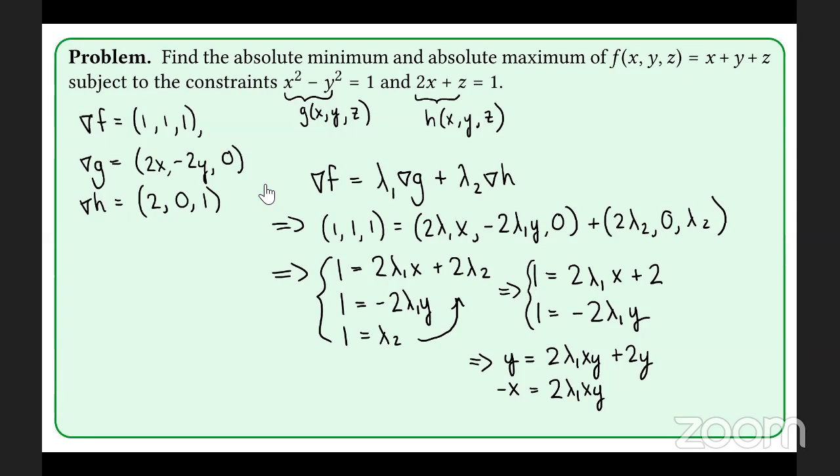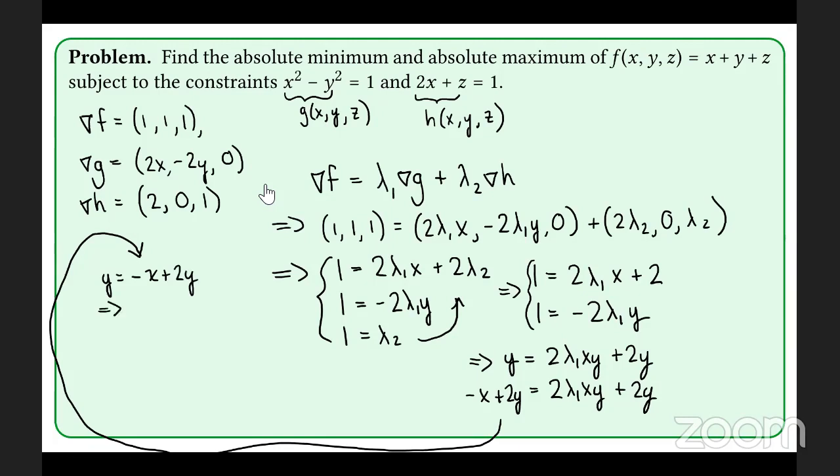And then if I add 2y there, so negative x plus 2y. So now we have that y has to equal negative x plus 2y, and so we get y equals x.